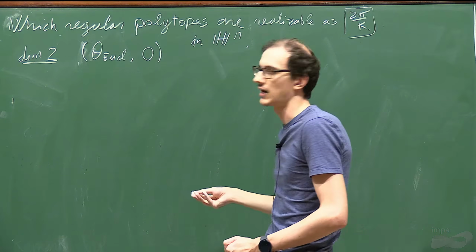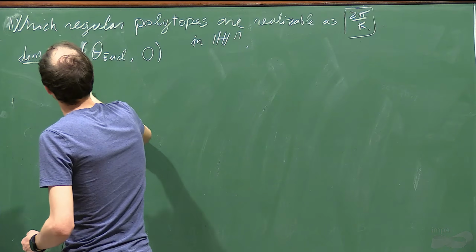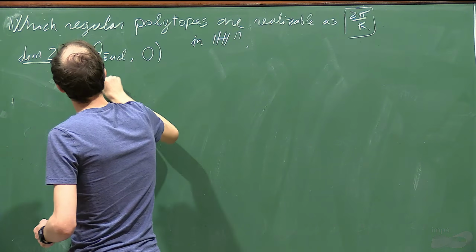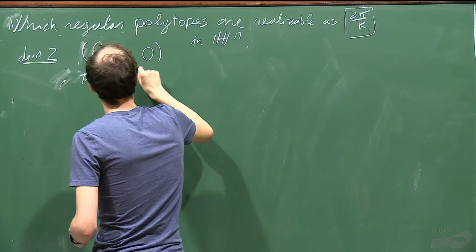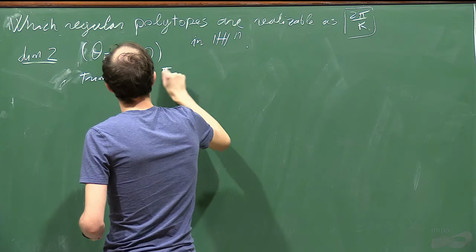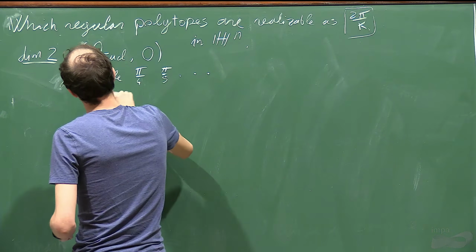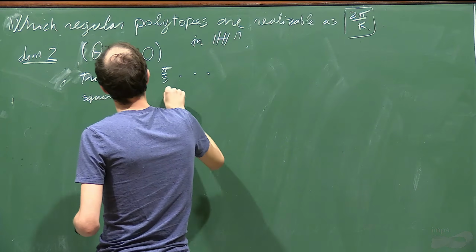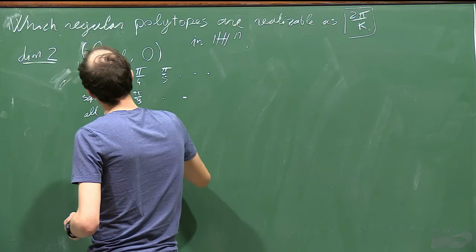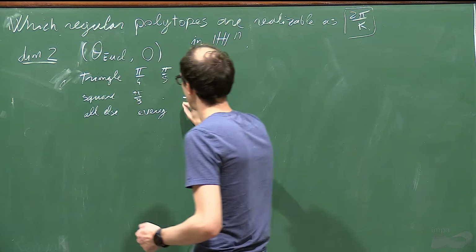So a triangle you can realize as pi over 4, pi over 5, etc. Square, pi over 3, etc. And all else you can realize with every Coxeter angle.